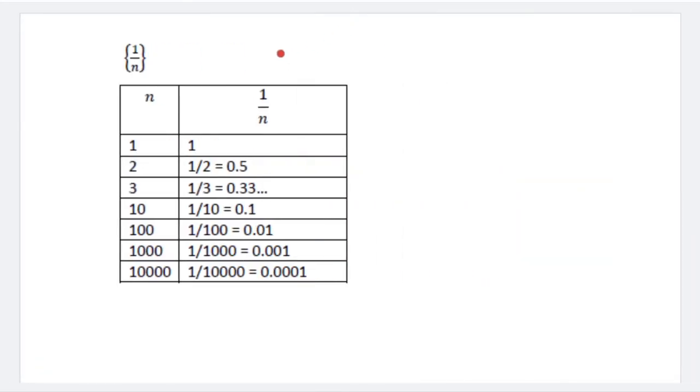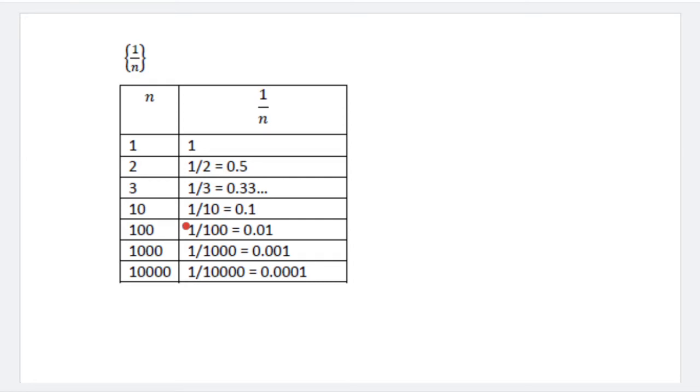So again, let's look at the sequence 1 over n. If our n is equal to 1, then 1 over n is just equal to 1. If n is equal to 2, then that's 1 half, or 0.5. If it's equal to 3, then that's 1/3, or 0.33. If n is equal to 10, then that's 0.1. Remember again, what we want to do here is make n go to infinity, meaning we just make it larger and larger without bound.